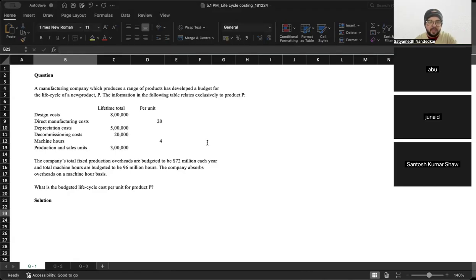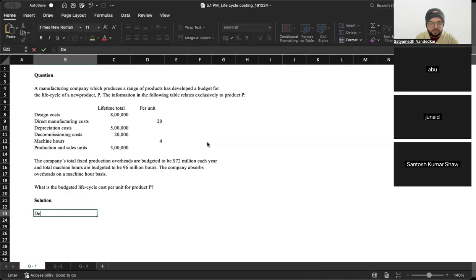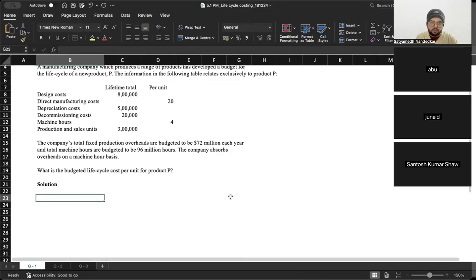Okay, so in this situation, the lifetime totals are given to you. See if you can add them together, and let's start adding those up. This is accumulation of lifetime costs. Design cost 8 lakh, lifetime total is given.